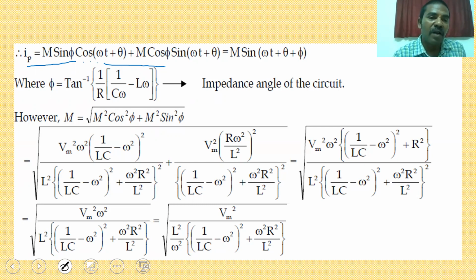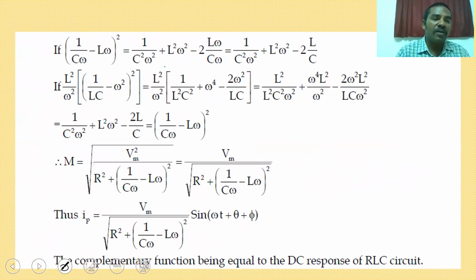Like that you go for the calculation of M. By substituting the value of M, finally you get Vm divided by the square root of R² + (1/(Cω) − Lω)². So the steady state current, or particular integral current ip = Vm/Z sin(ωt + θ + φ), where Z is the square root of R² + (1/(Cω) − Lω)².